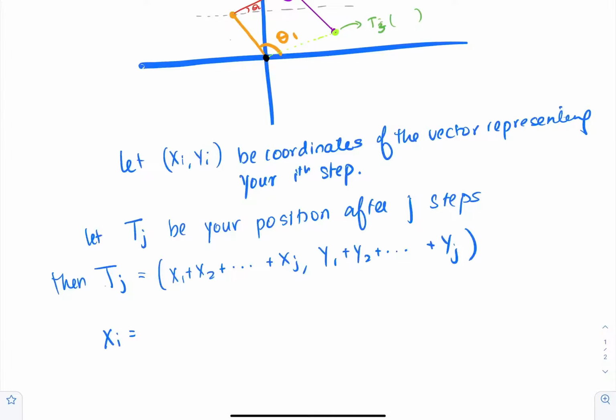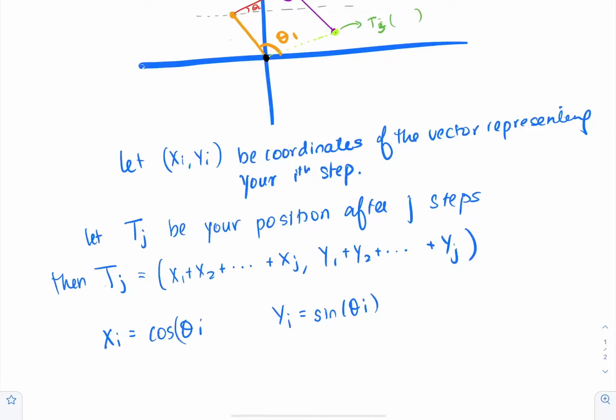R is 1 because the length of the jump is 1. So this will just be cosine theta i. Similarly, the y-coordinate of the vector of the ith jump will be sine of theta i.